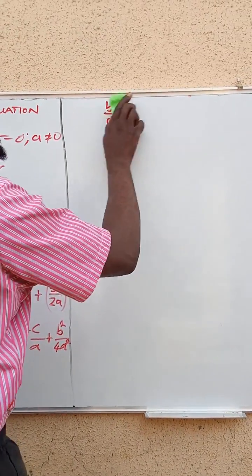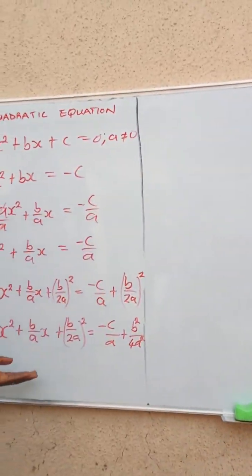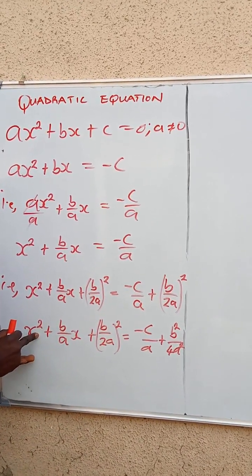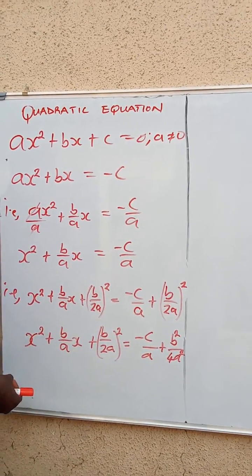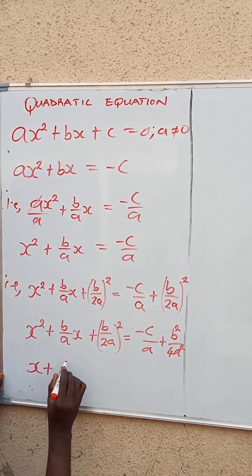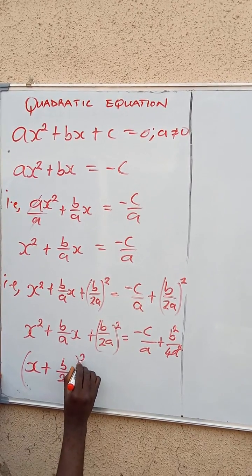You get? So again, what am I supposed to do? This side, if you look at it very well, x is carrying squared, b over 2a is carrying squared. I'll collect them. That is x plus b over 2a all squared.